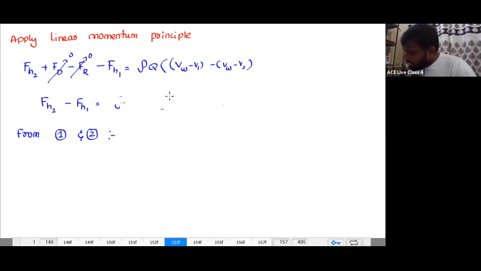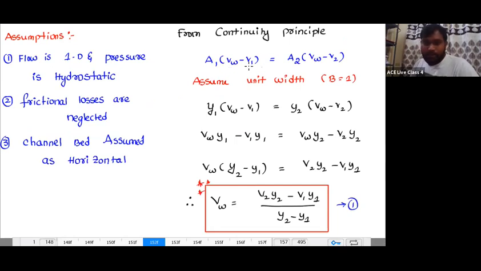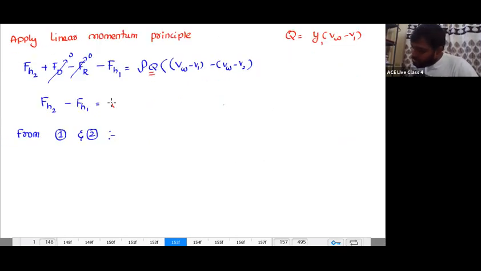This is going to be written as rho Q into V2 minus V1, and you know Q is nothing but A1 into VW minus V1, which is Y1 into VW minus V1. So rho into Y1 into VW minus V1 into V2 minus V1, because you can substitute this into 1.